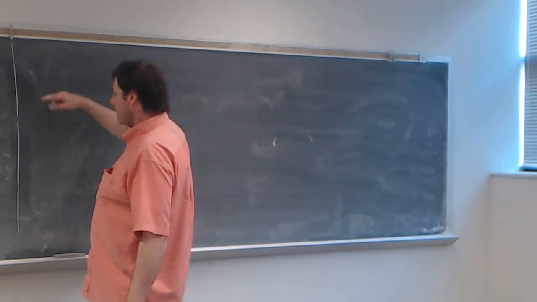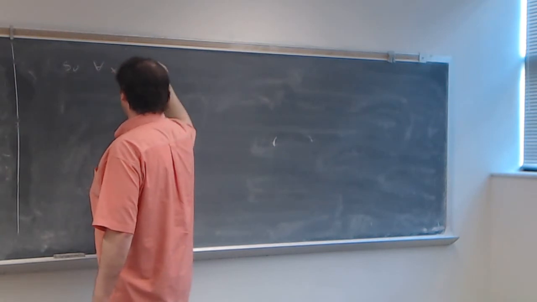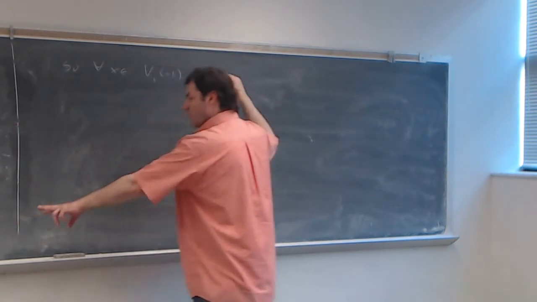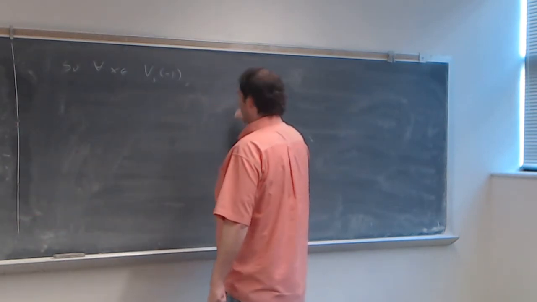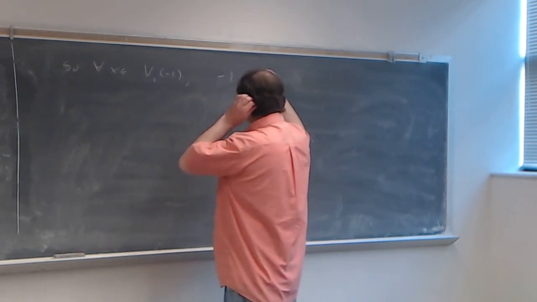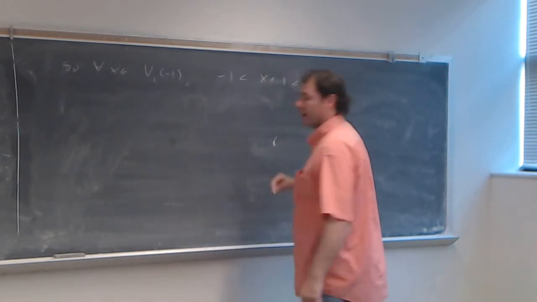Okay. So that means for all x element of V sub 1 of minus 1, rewriting that last inequality involving absolute values with something that doesn't involve absolute values, I'd have minus 1 is less than x plus 1, which is less than 1.